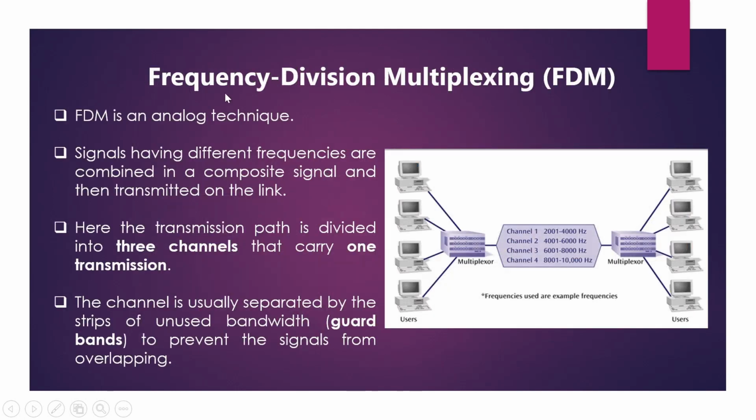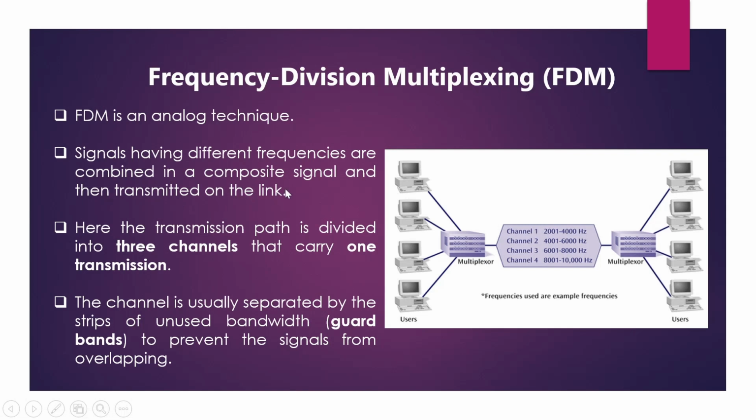So here they are. First of all, we will discuss frequency division multiplexing, or in short FDM. FDM is an analog technique. So what happens in case of FDM? Signals having different frequencies are combined in a composite signal and then transmitted on the link.